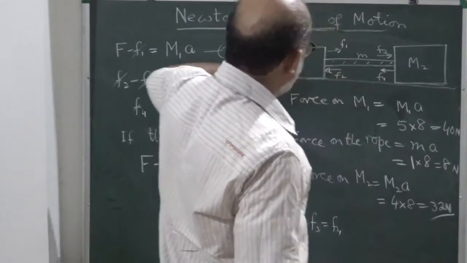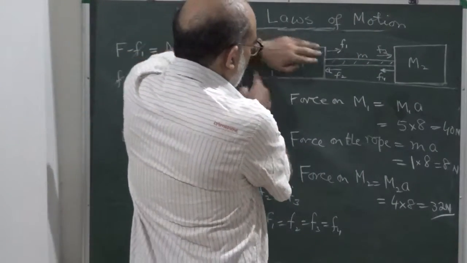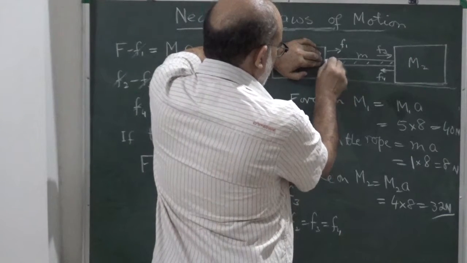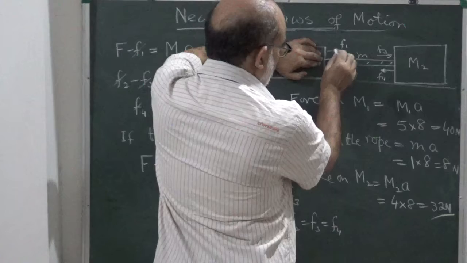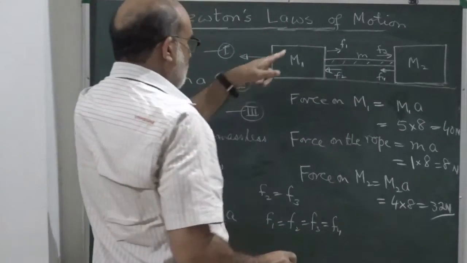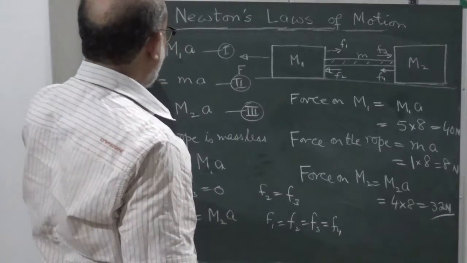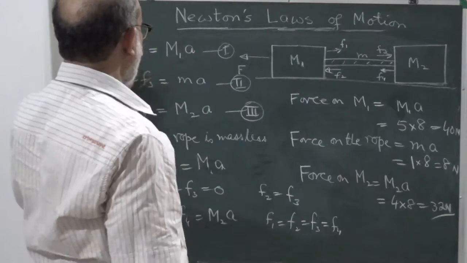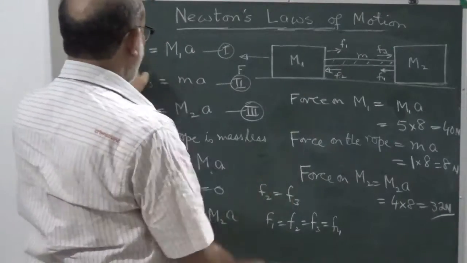It means out of 80, 40 is used here, and here the remaining 40 acts, F1 F2, small F1 F2 will then be equal to 40. If you want, you can calculate this F1. F1 taking the right hand side, M1A, 40 minus 40, that will be 40 Newton.